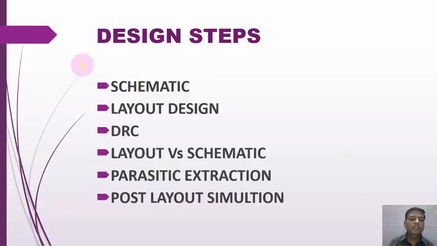These are some requirements. Then the design steps. What should be the design steps to perform this practical? First we require a schematic. Whatever logical circuit we have to design, for that we require a schematic diagram. After the schematic, we draw the layout for that given schematic.